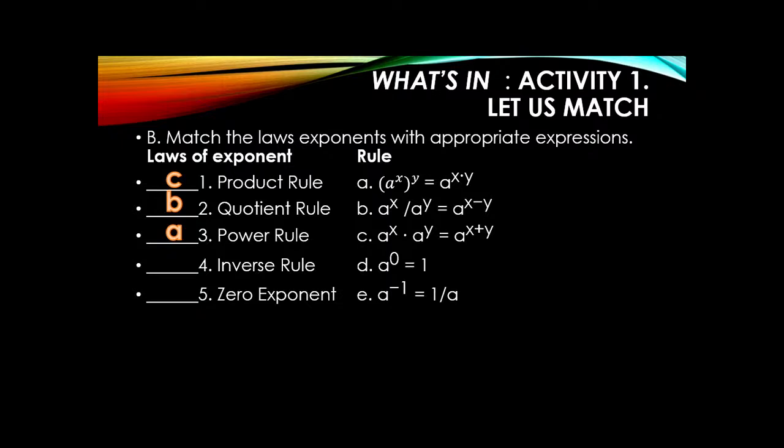Sa may gibali diha. Okay, the answer is letter E, inverse. So, ang a to the power of negative 1 is equal to 1 over a. Okay, number 5. Zero exponent. Okay, any number to the power of 0 is equal to 1. So, our answer is letter D.